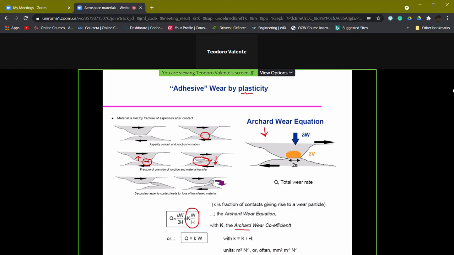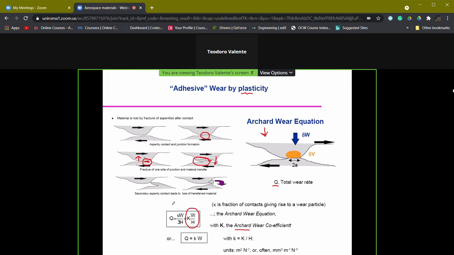So these two considerations can explain to us why we also have material transfer, that is, material consumption. Now, in order to deal with this kind of wear, I remember adhesive wear, we have a very simple equation which can allow us to make some considerations and calculations.